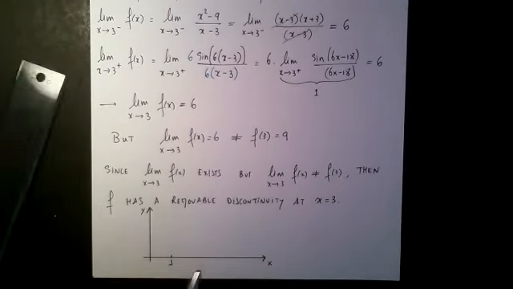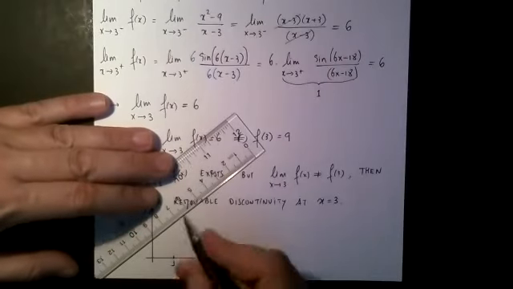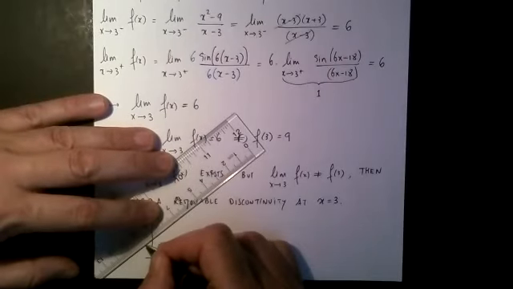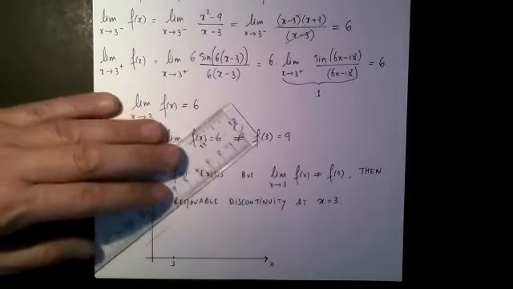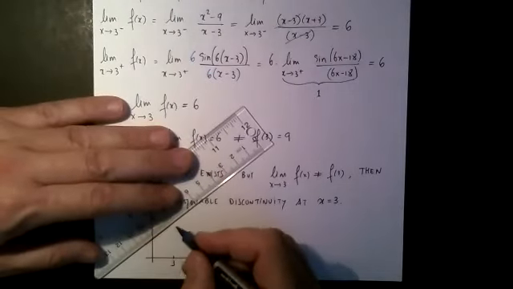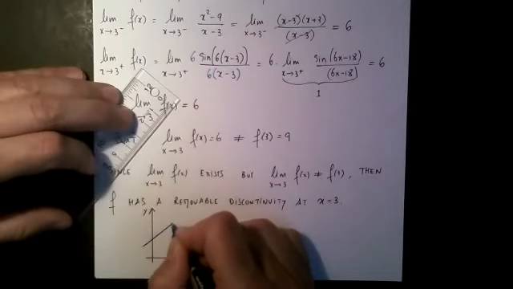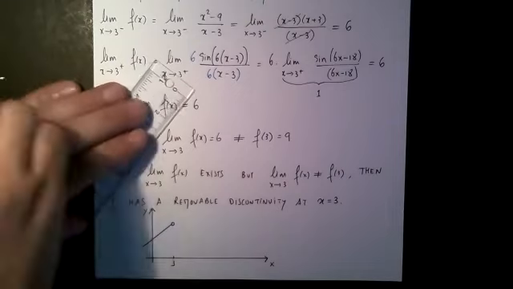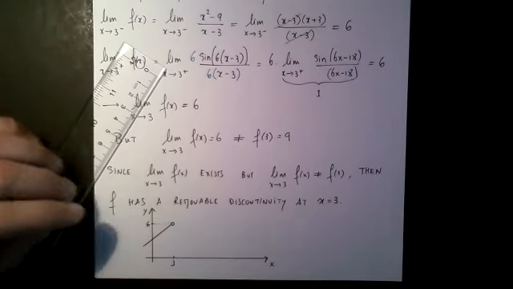On the left, the function goes a bit like this, then it's approaching 6.